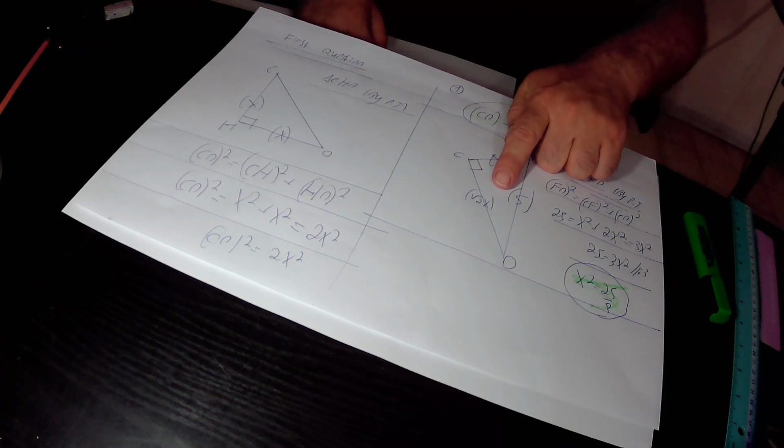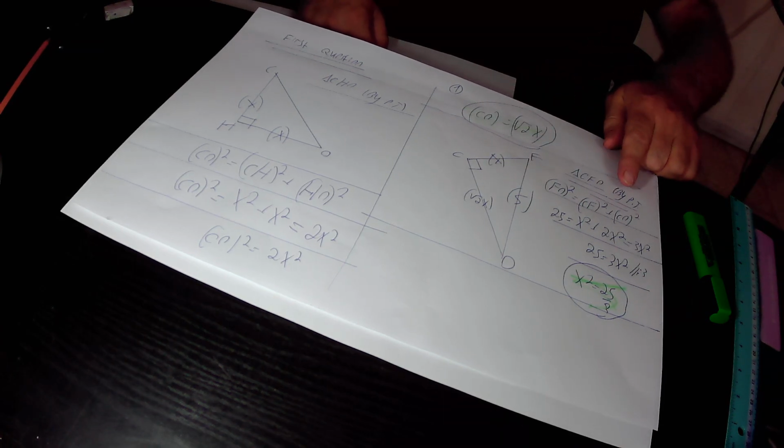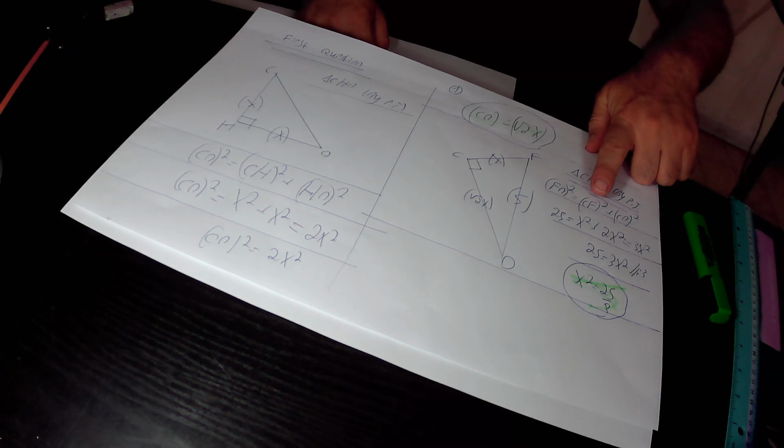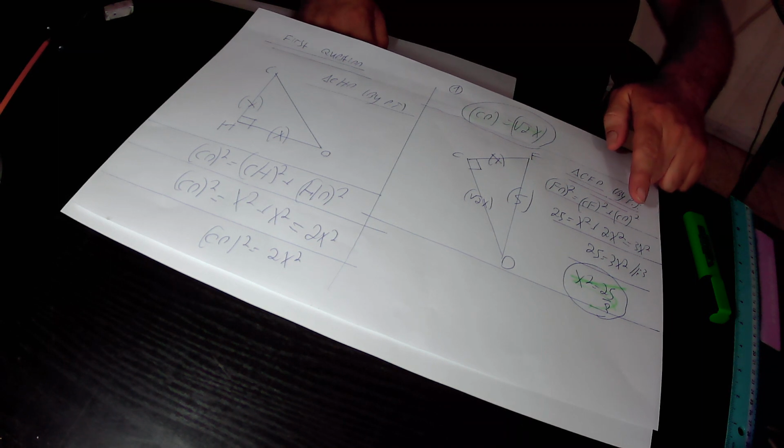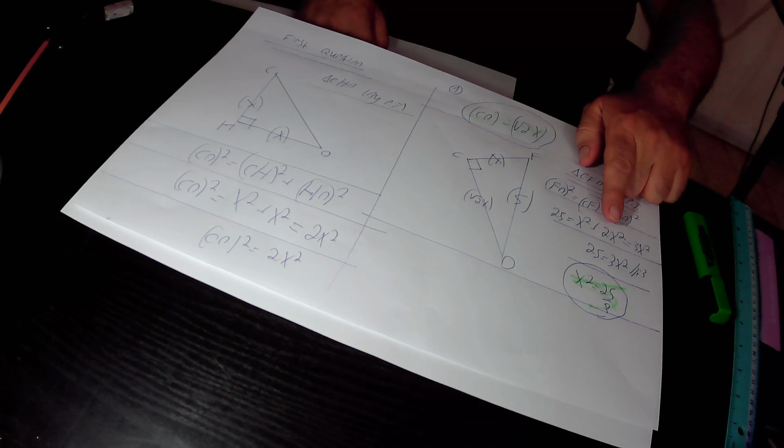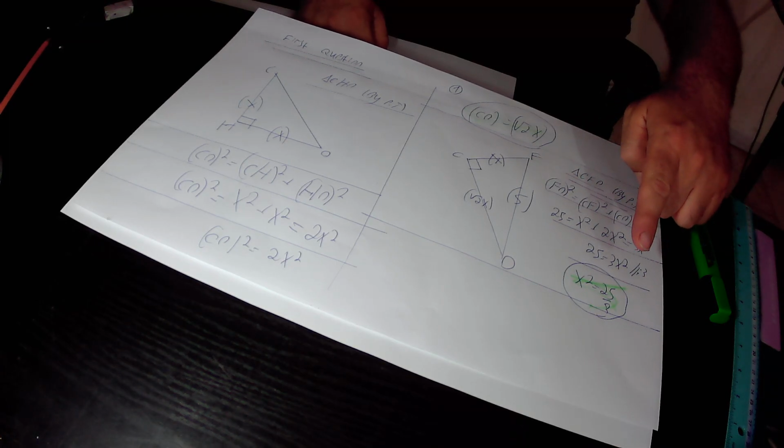CO is square root of 2 times x, therefore CO square equals the square root of 2 times x squared, that is actually 2x squared. So in total we found that 25 equals x squared plus 2x squared. X squared plus 2x squared equals 3x squared. So 25 equals 3x squared. Here we divided this equation by 3 and finally found that x squared equals 25 over 3.